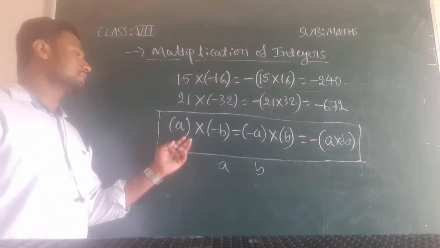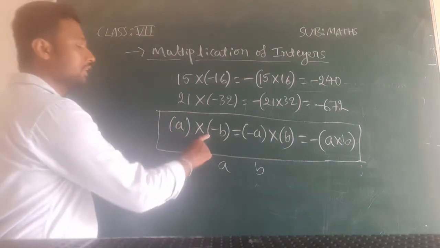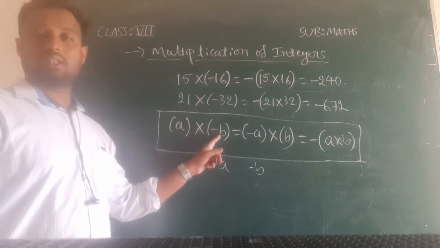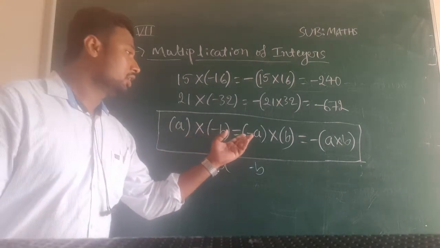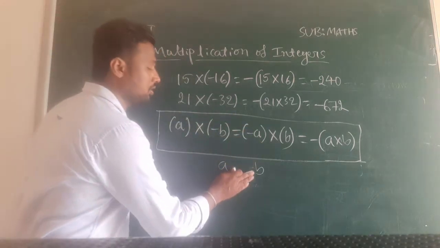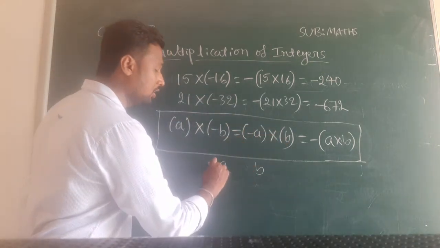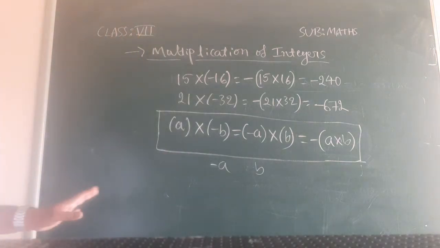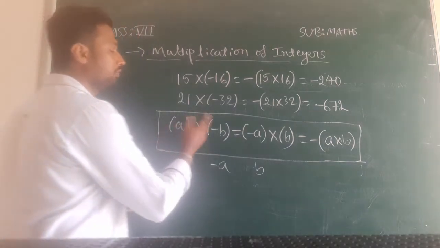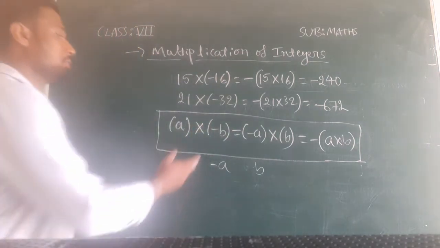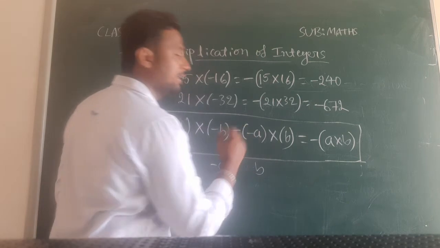In the first case, b is a negative integer, so a into minus b. Sometimes a may be a negative integer and b a positive integer. The meaning of this is that any one of the two values will be a negative integer, that may be b or that may be a.